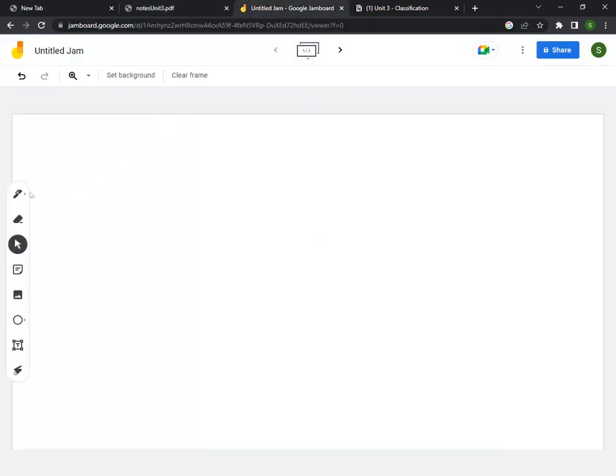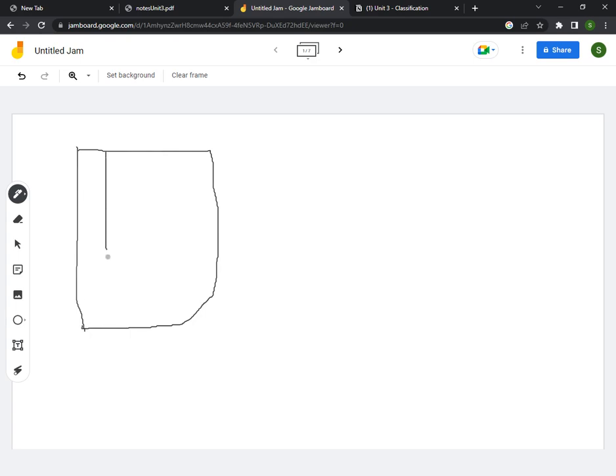So let's take an example here. Suppose we are given a data set. This data set contains the name of the student, the score of the student in aptitude, and the score of the student in communication.